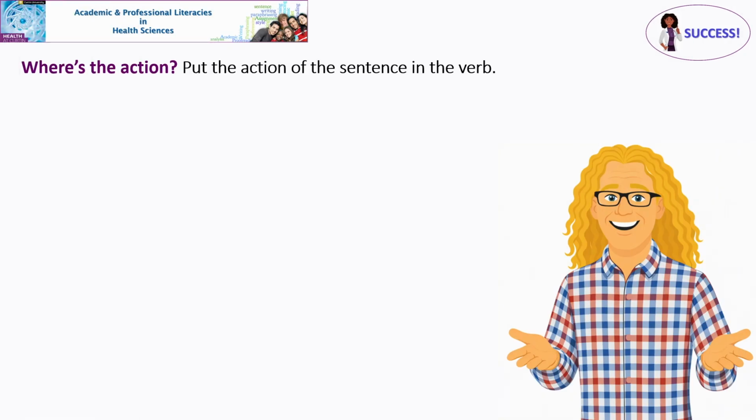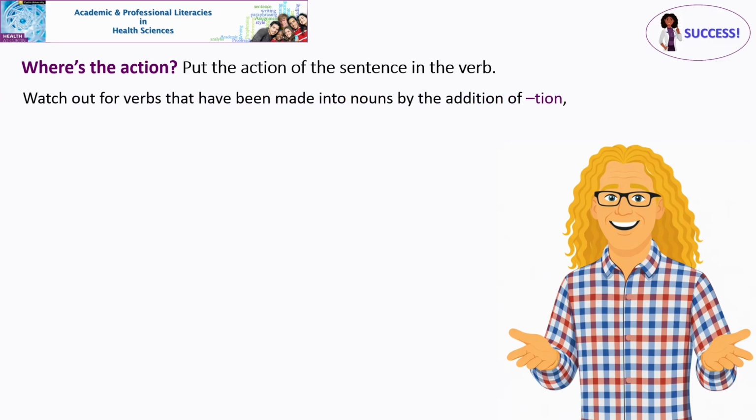So, where's the action? Now, we invariably need to put the action of the sentence in the verb. And what do I mean by that? Well, we have to watch out for those verbs that have been turned into nouns. And this is often done by adding tion to the end.